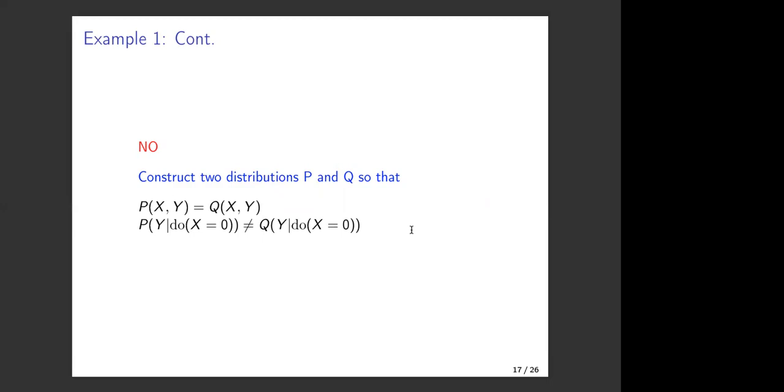So by observing only X and Y, you cannot give a unique interventional distribution. Therefore we conclude that it's not possible.